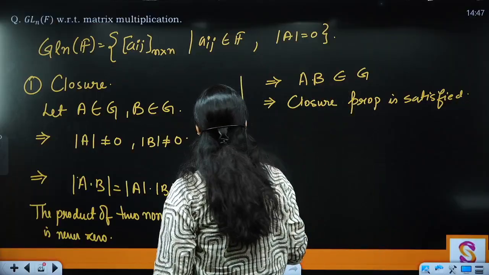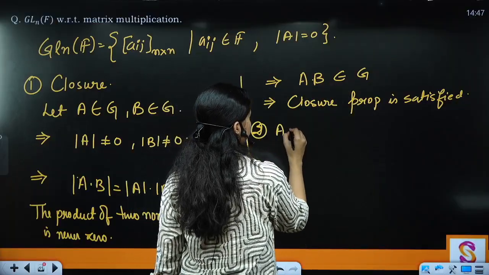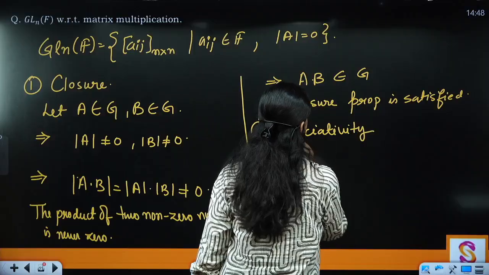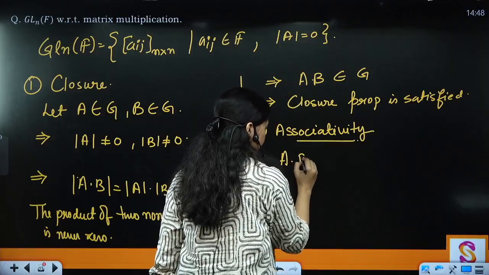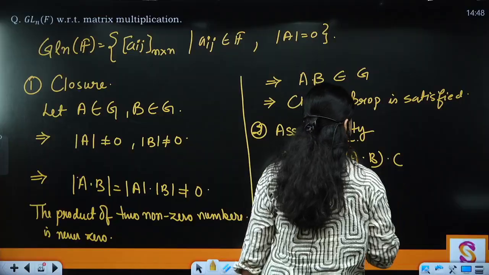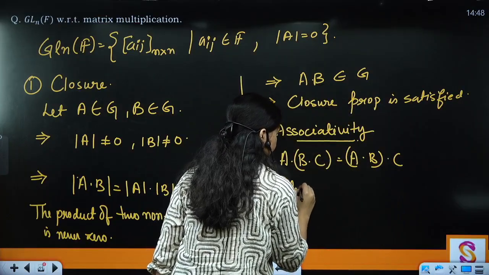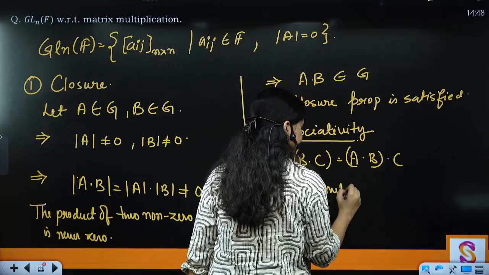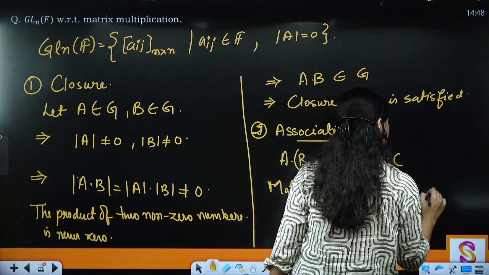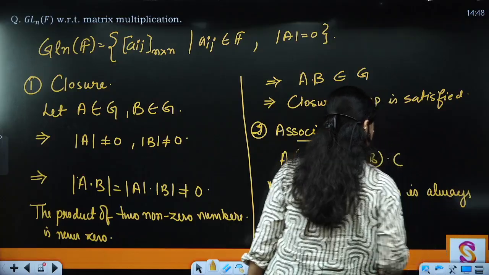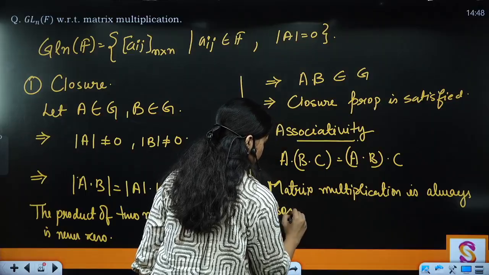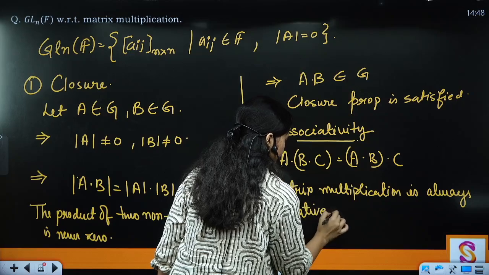Now, next is your associativity, right? A dot B dot C equals A dot B dot C. Matrix multiplication is always associative.